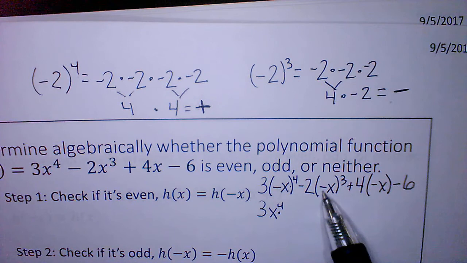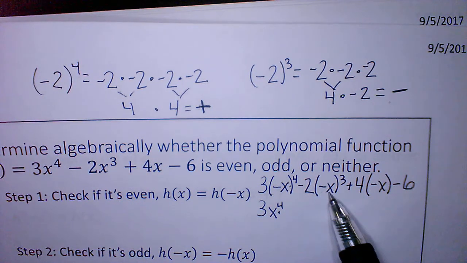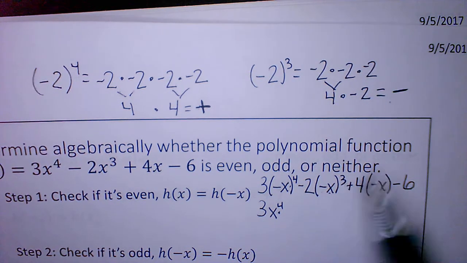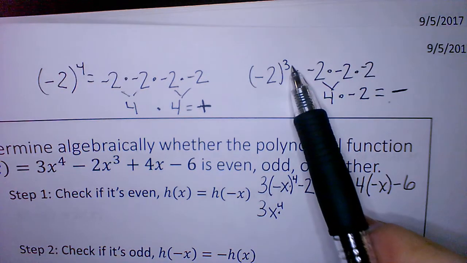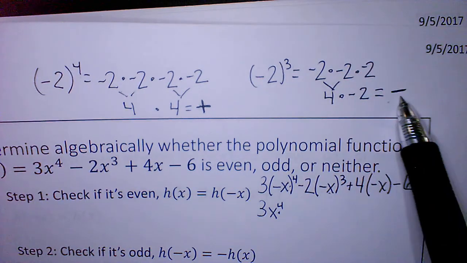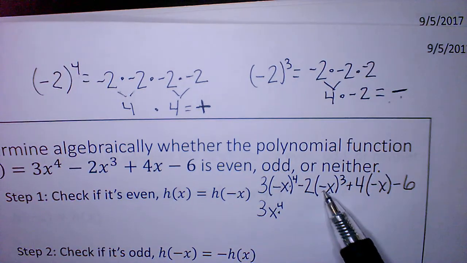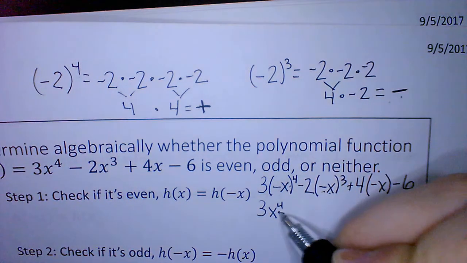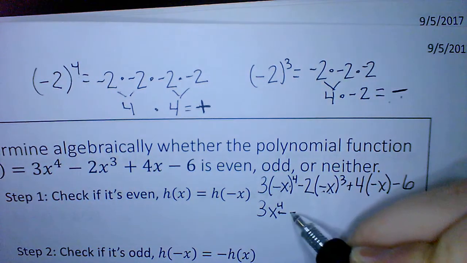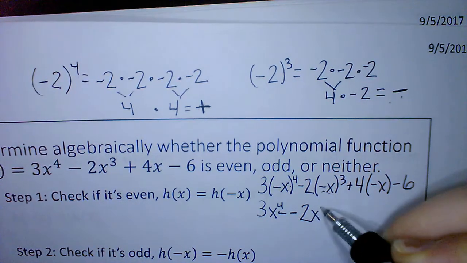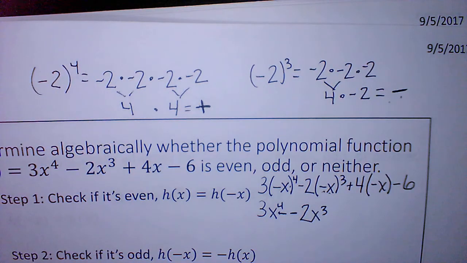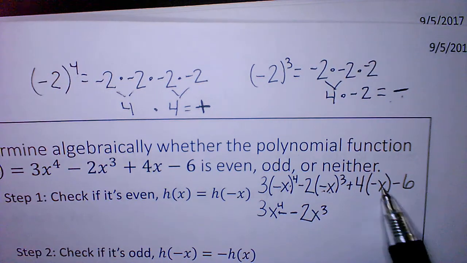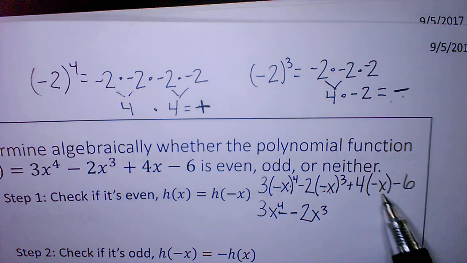Okay, next. This negative x to the 3rd power, what we set up here, a negative to the third power is going to get us a negative number. So that's going to make this a negative. We got the minus from there. It's going to make us a negative 2x cubed. This is to the 1st power, so nothing's happening there except this will all be negative.